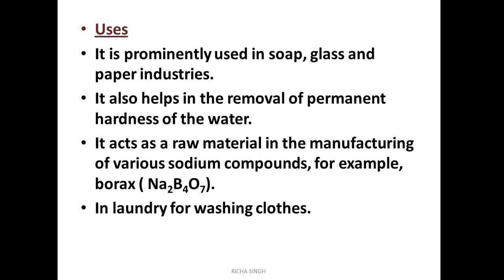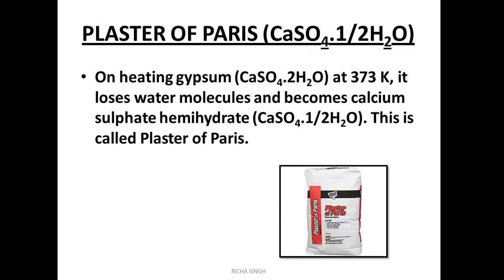Now let's continue with the third salt, that is plaster of Paris. The formula is CaSO4·½H2O. Again, in the formula you can see it contains water of crystallization. So how is it formed? It is formed by heating gypsum. The formula for gypsum is CaSO4·2H2O.